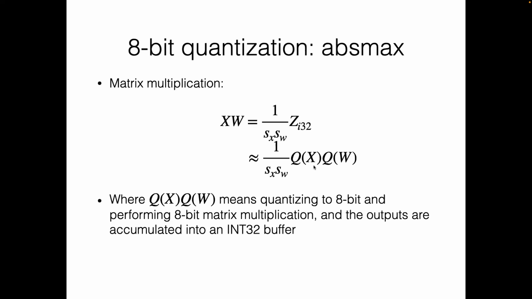Well, then that's going to exceed the capacity of 8-bit. And so what's typically done is you have this buffer that is in a higher precision, say like 32-bit integers, and you would implement the matrix multiplication where it's adding to this buffer so it doesn't exceed the value. Okay, so then on the actual hardware, it's going to be up to the hardware provider to do this as efficiently as possible.